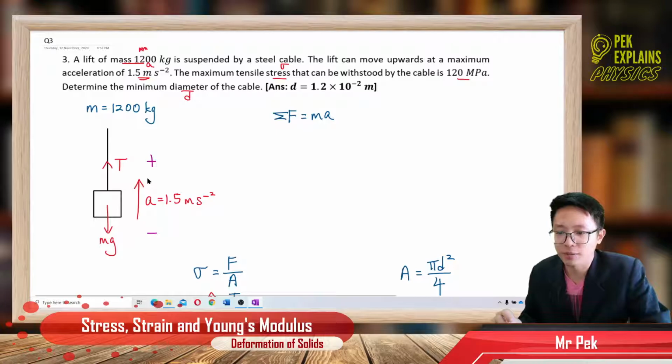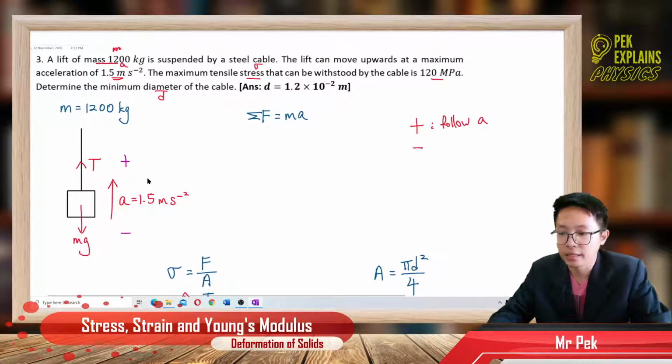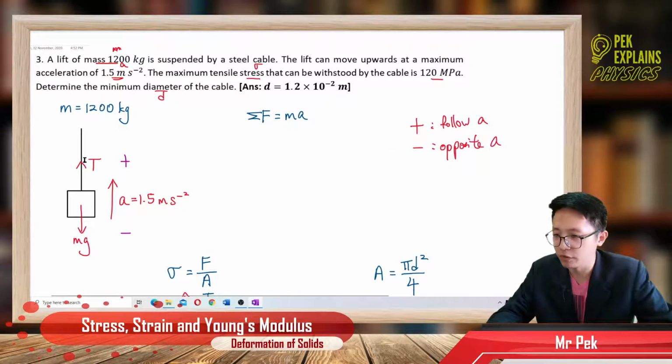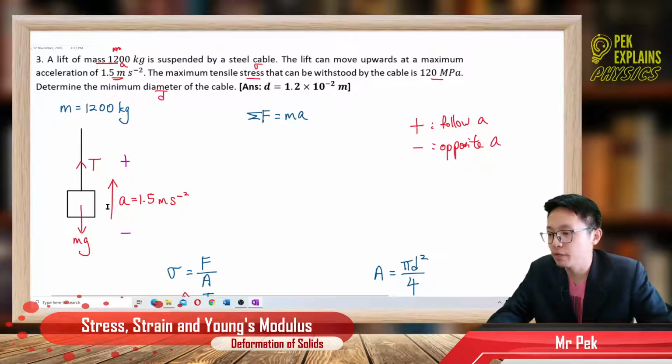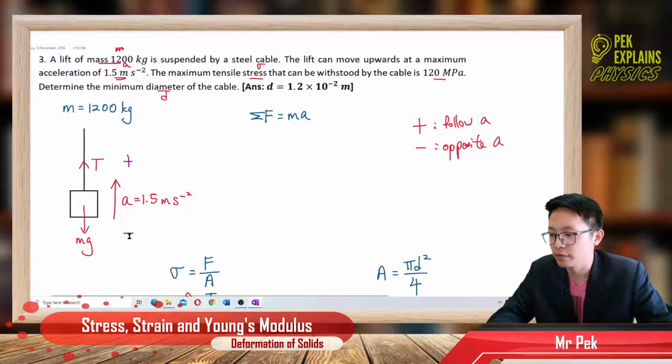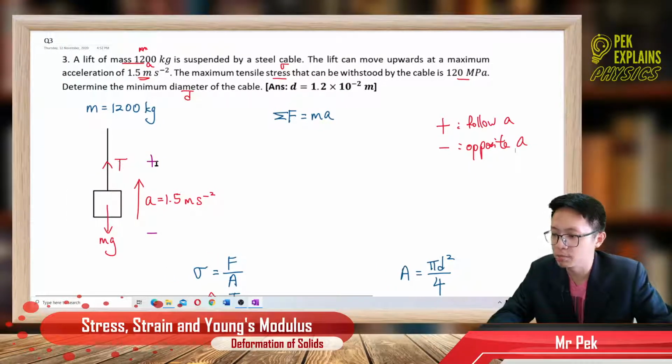So still remember the sign, positive, negative sign. Positive means follow acceleration. Negative means opposite the acceleration. That's how we determine the sign of the forces. So I can see tension is positive because it follows acceleration.